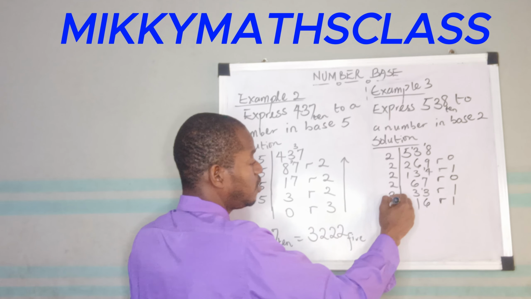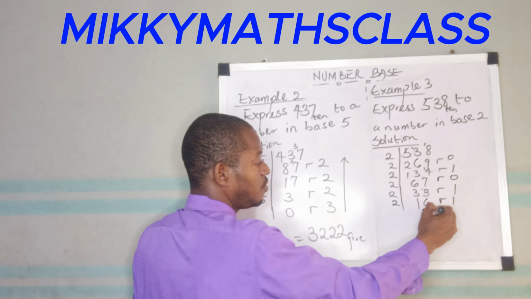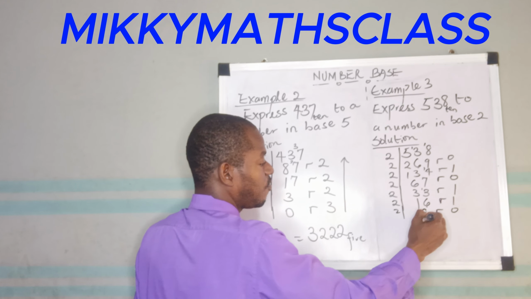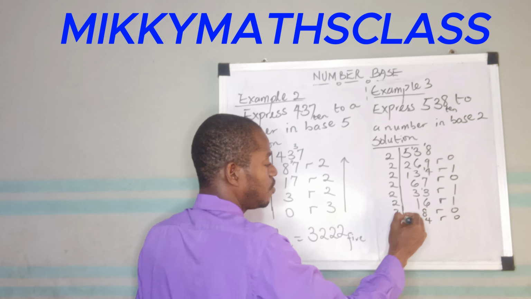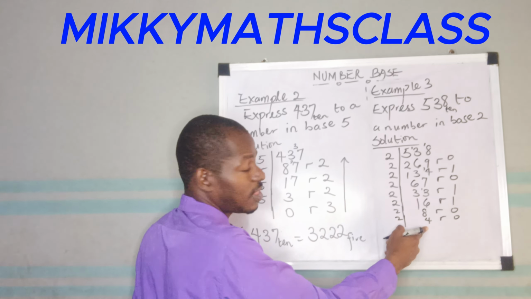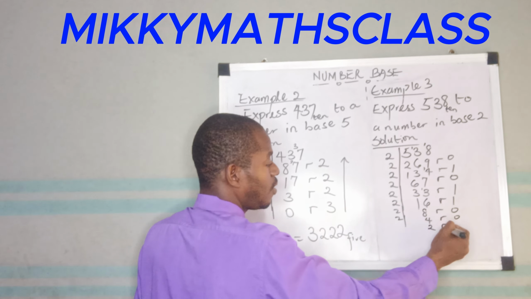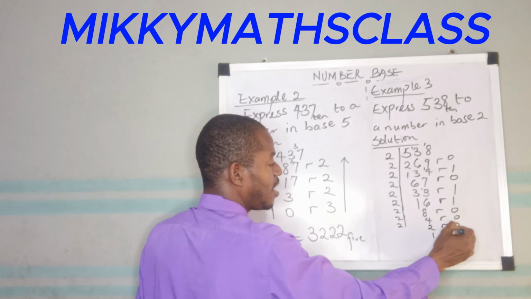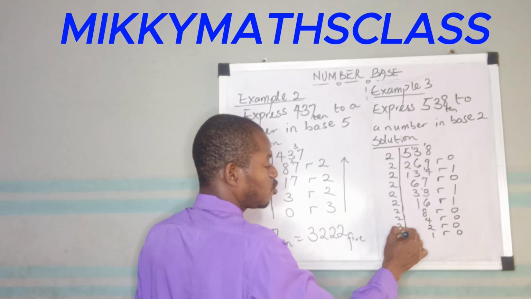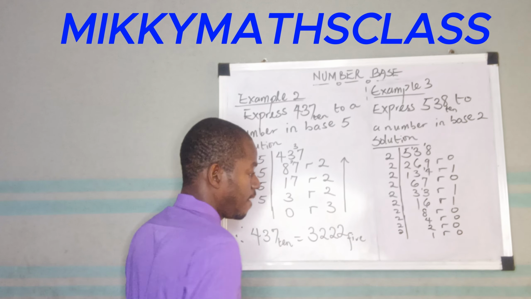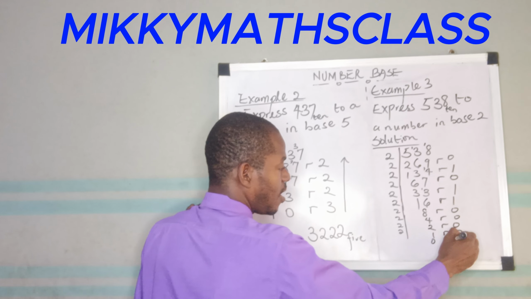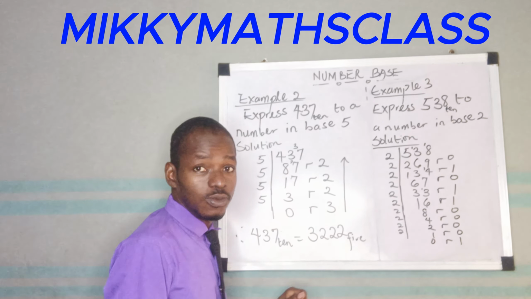We'll go again. 2 in 16, that will be 8. Remainder 0. 2 in 8, that's 4. Remainder 0. 2 in 4, that's 2. Remainder 0. 2 in 2, 1. Remainder 0. And the last one, 2 in 1, you cannot count 2 from 1. That's 0, remainder 1.